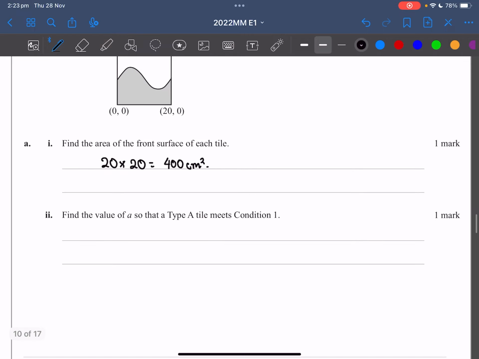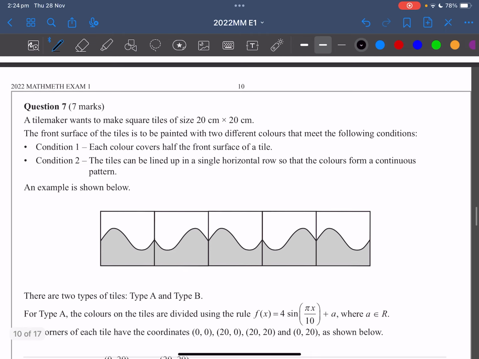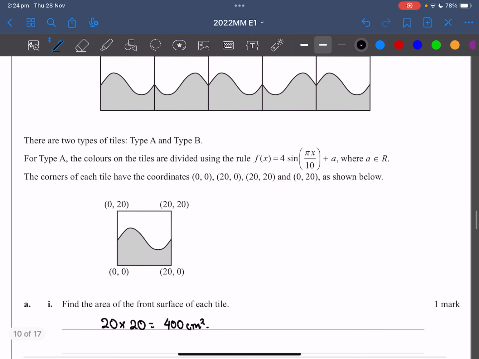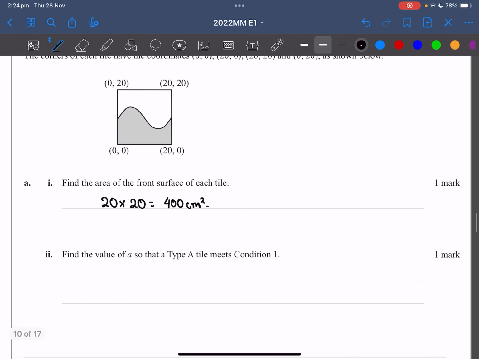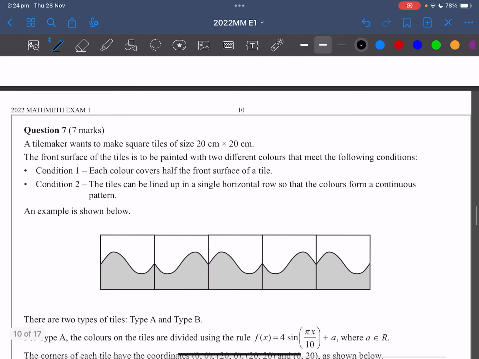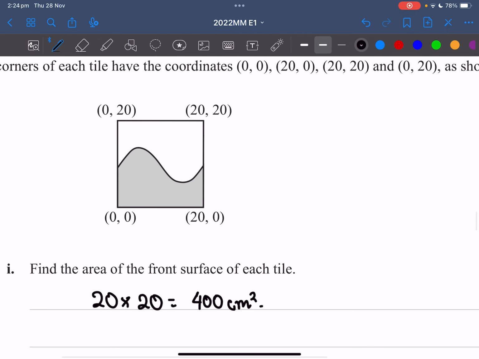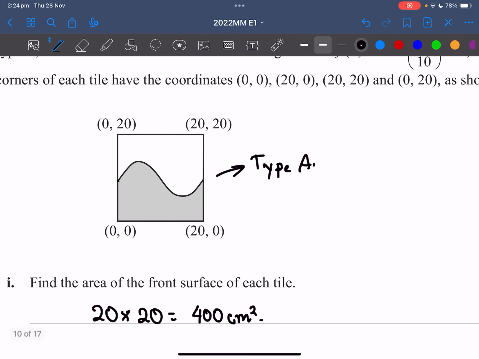Find the value of A so that type A meets condition 1. So if we look at type A, condition 1, let's say that this is my type A. Now, if I were to draw a line here, you can see that this filled area over here cancels out with this, right?